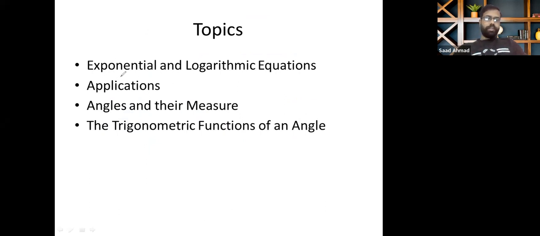We will solve some of the equations, then we'll see some applications for the exponential and logarithmic equations, and then angles, their measures, and the trigonometric function for an angle.